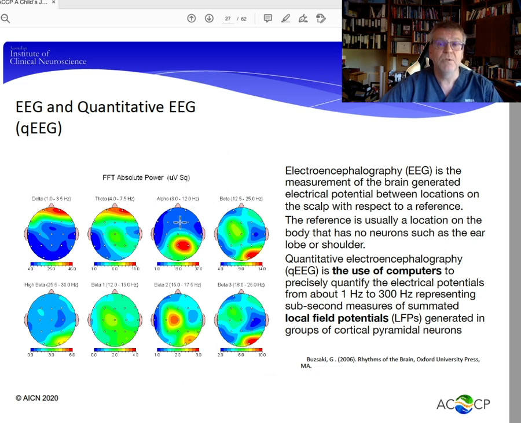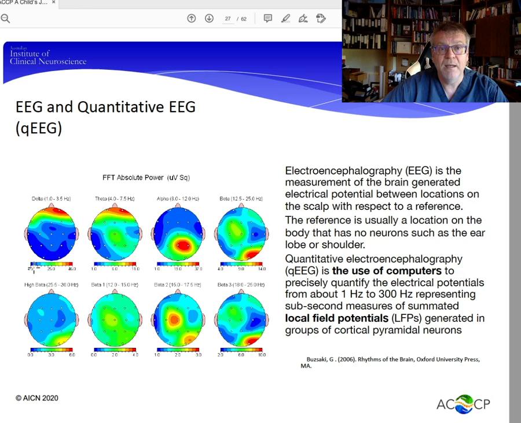Okay, so the computer's done its job. It has isolated out the delta, the theta, the alpha, the beta, high beta, and gamma frequency ranges. Then we've asked the computer to plot them on the head map according to a scale at the bottom that shows the blue activity on the left and the red activity on the right.